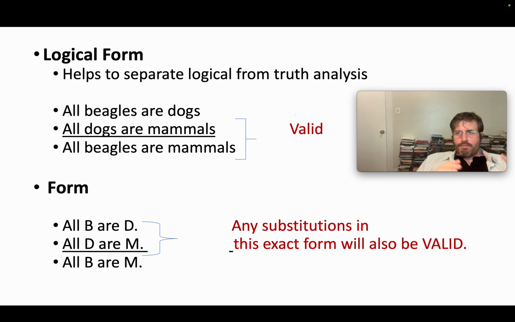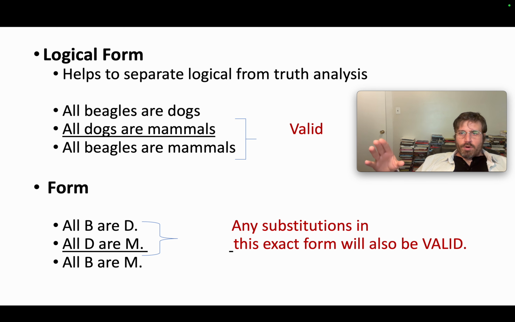We're going to learn how to formalize in much greater detail in subsequent videos, but for now we're just going to use the letter B as a stand-in for beagles and the letter D as a stand-in for dogs, and then we're going to use the letter M as a symbol for mammals. And now we can clear away some of the messiness of the content and just look at the underlying form of the argument.